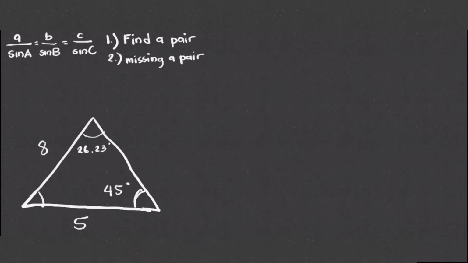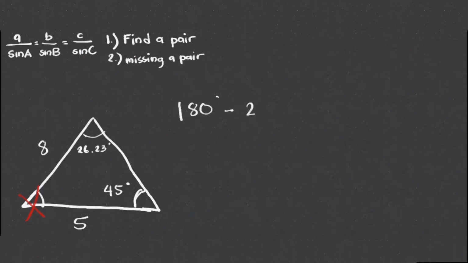So now we have two angles, and to solve for the last one, we need to remember that the sum of all the angles of a triangle is equal to 180 degrees. To solve for that angle, let's just subtract the two angles from the 180 degrees.